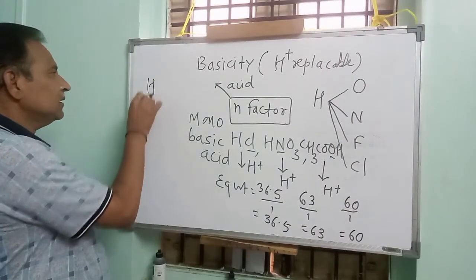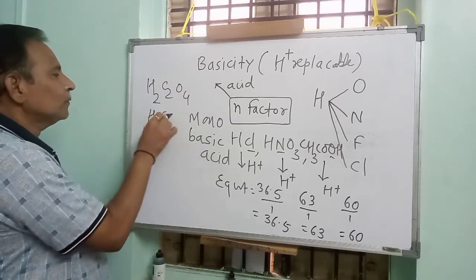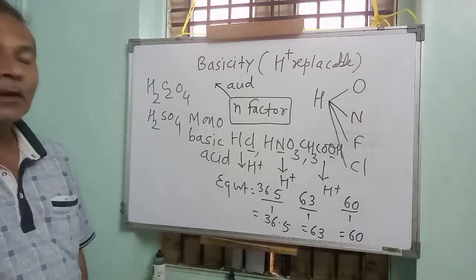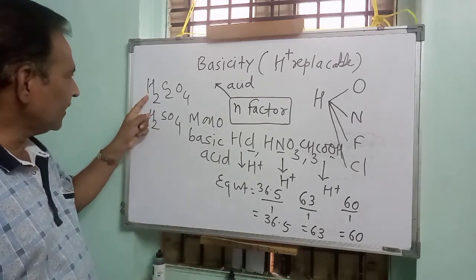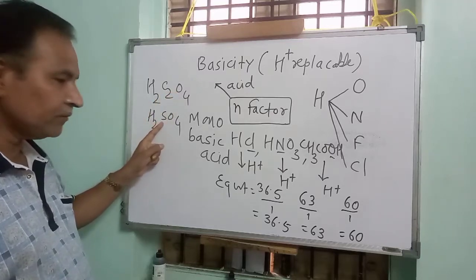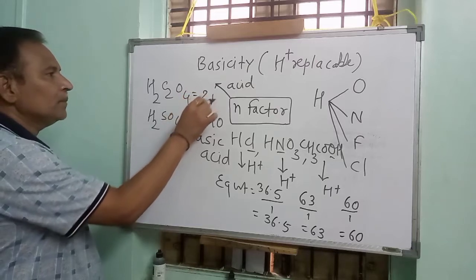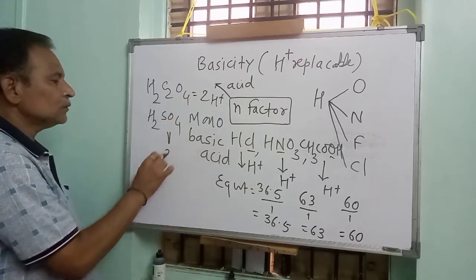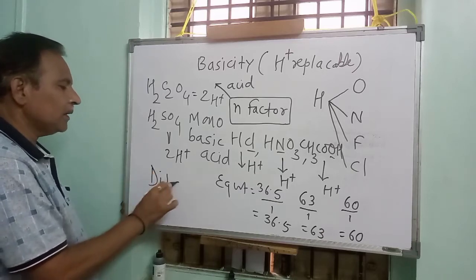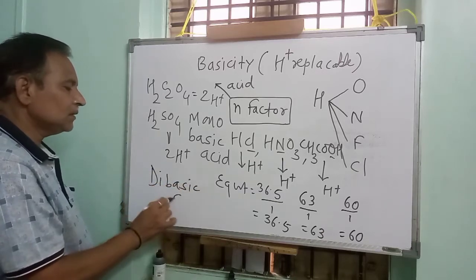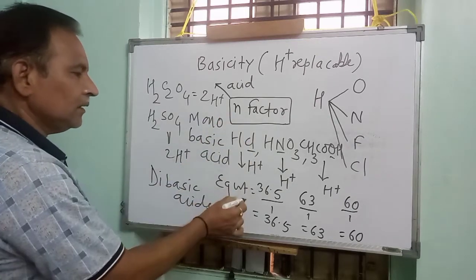Now take oxalic acid, H2C2O4, and say H2SO4. How many replaceable protons are there? These are attached to oxygen, so electronegative, and therefore here 2 protons are released, and here also 2 protons are released. So these acids are called dibasic acids, and for dibasic acids the basicity will be 2.